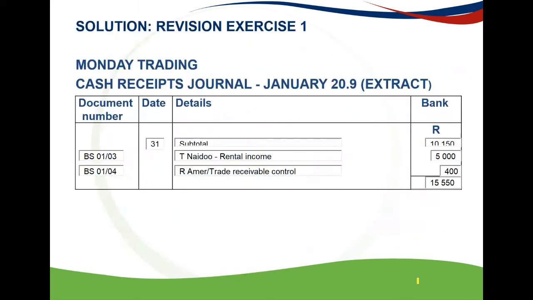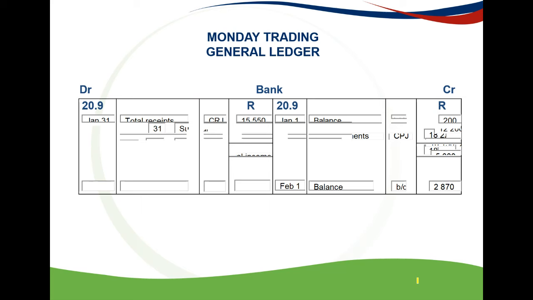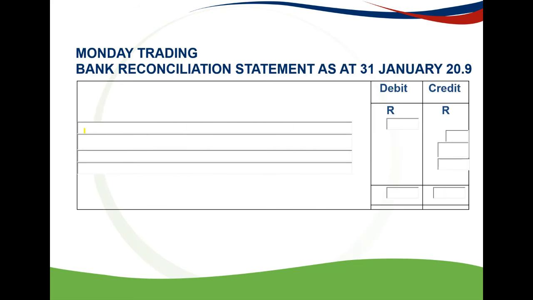So when I go to my bank reconciliation statement, I start with my debit balance as per bank statement, and the amount is the 4,770 as we have seen on the bank statement.